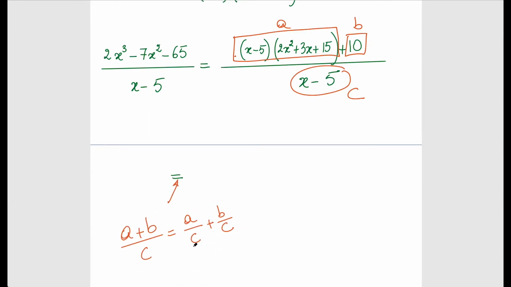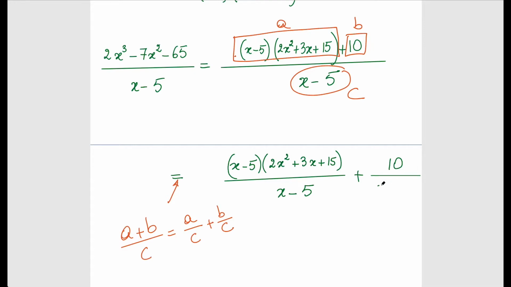I get a over c, so x minus 5 times 2x squared plus 3x plus 15, divided by x minus 5. That's the a over c guy, plus the b over c, and the b is 10, so 10 over x minus 5. So we get that.